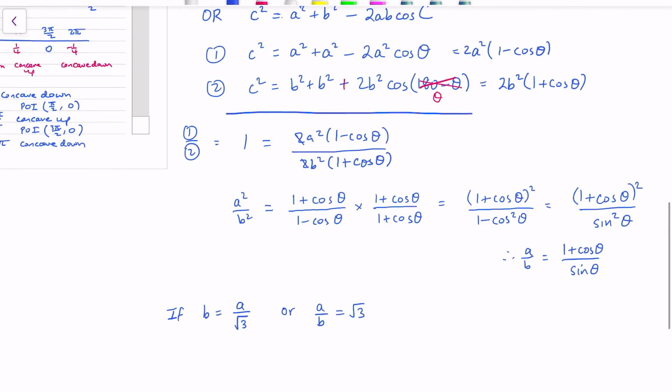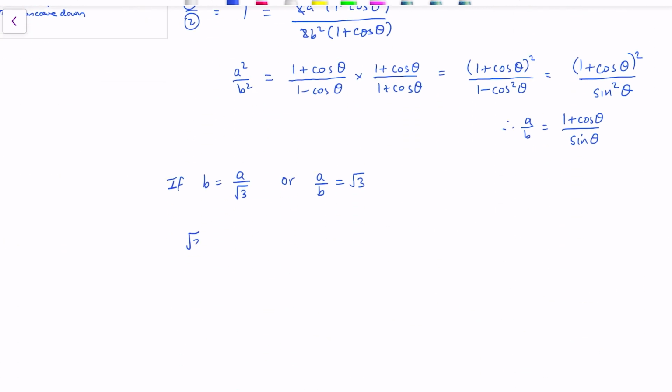So we could go root 3 is equal to 1 plus cos theta over sine theta. Like, we could solve that, but that's going to require us to solve a quadratic equation, because I'd be cross multiplying this, I'd be squaring both sides.